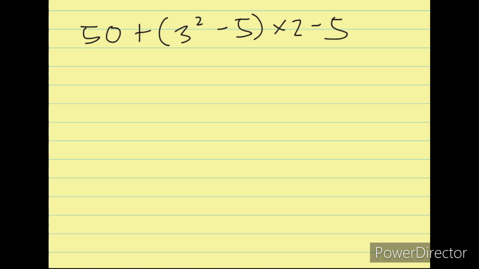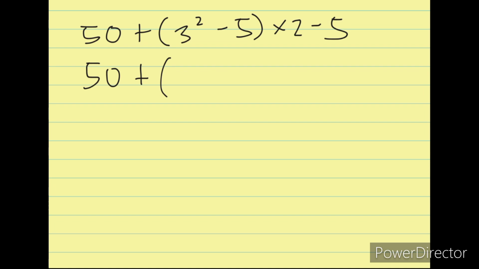Okay, GEMDAS rule. So first is the grouping. Now remove the inner parenthesis. So 3 squared minus 5.